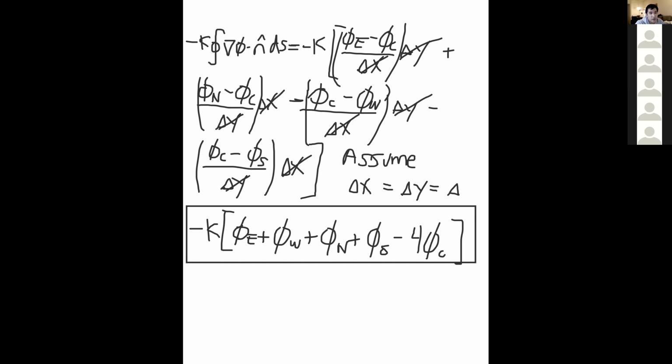Now we're using compass directions east, west, north, south. But we still get the coefficients of 1 on the neighbors and then a -4 on phi c. And that's by design, because we're basically solving for the same phenomenon. So no matter if we use finite differences or finite volumes, we should get the same answer.